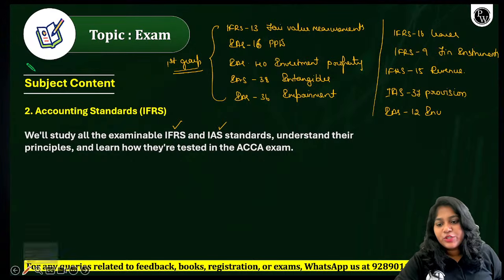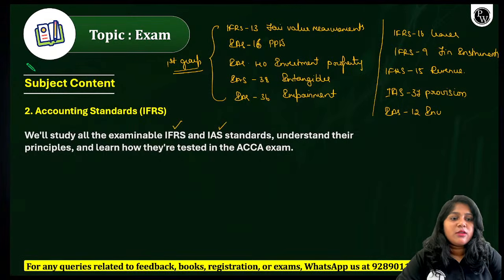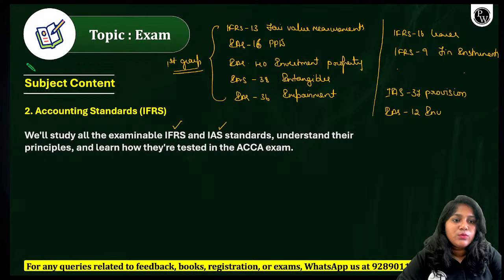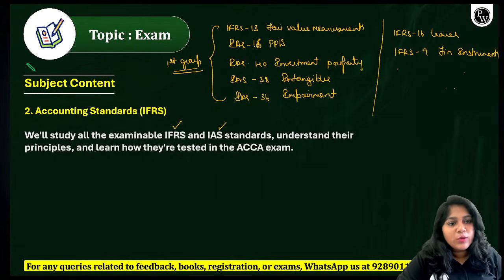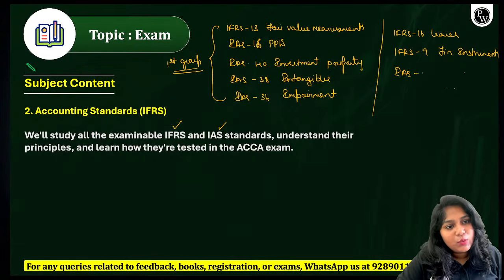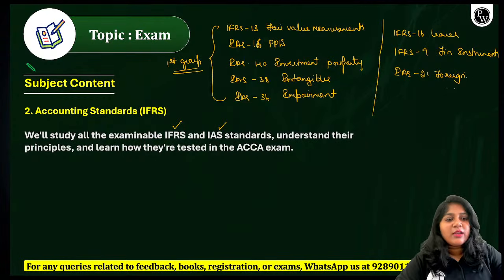Or else let me change it. I'll give you guys another way. It makes more sense. I want you guys to start with IFRS 9 financial instruments. So go with IAS 21 foreign currency transactions. I'm just writing foreign.